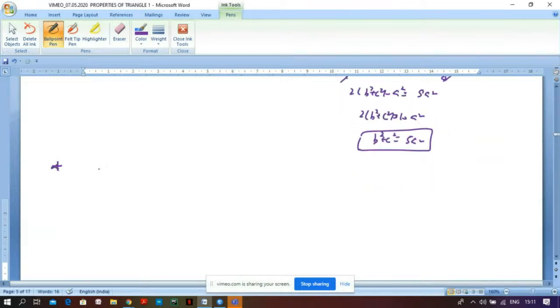My next problem involves the application of different types of formula for area of triangle. So you are given a triangle A, B, and C, the usual triangle, in which base BC is given to be 6. So A is given to be 6. Units will be given to you. And you are also given that area delta is 12, which must be in square centimeters if this is in centimeters. And then BC is 6.